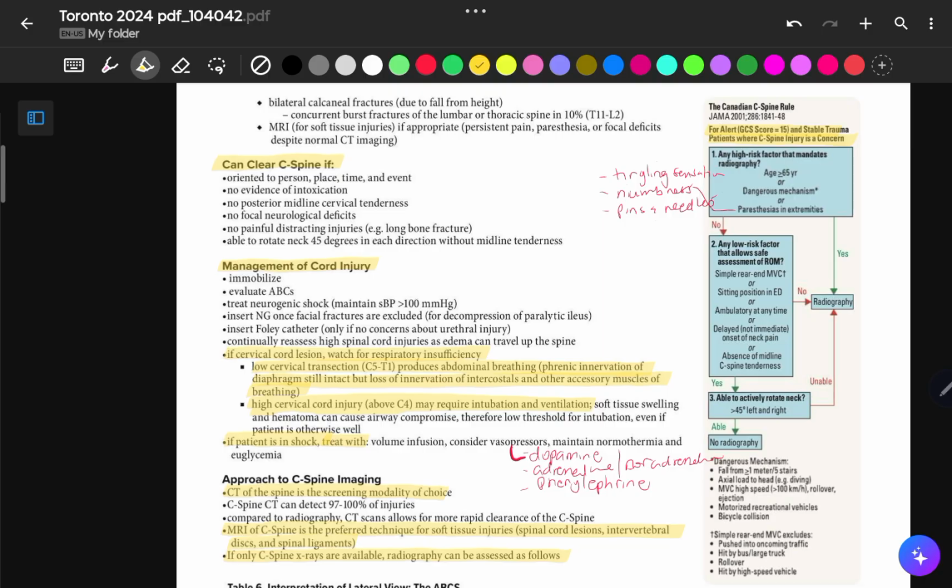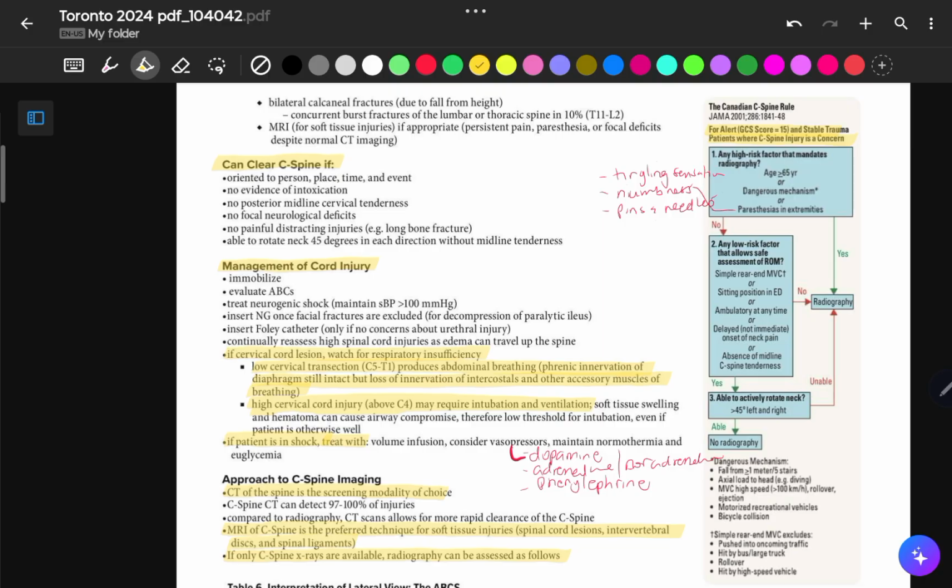If the patient is oriented to time, place, and event, has no evidence of intoxication, there is no posterior midline cervical tenderness, no focal neurological deficit, no painful distracting injuries such as long bone fractures, and is able to rotate the neck to 45 degrees in each direction without midline tenderness, then there is no need for imaging.